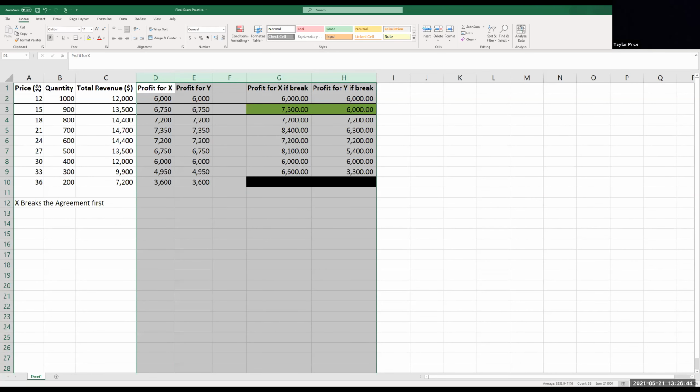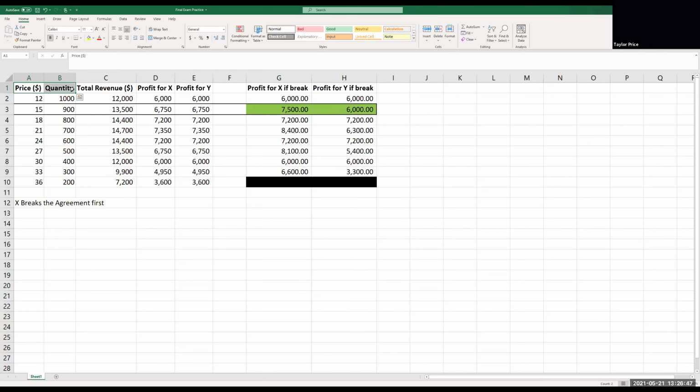So this is where you'll have the price, quantity, and also the total revenue. In this market you have two firms, and you're given information that says firm X breaks the agreement first. You're initially at a situation like this, where the firms are going to split profits evenly.